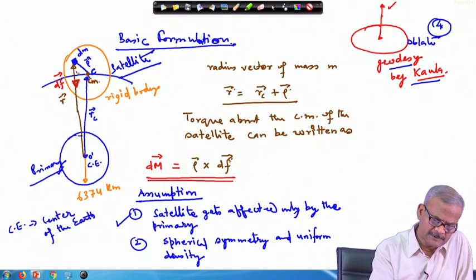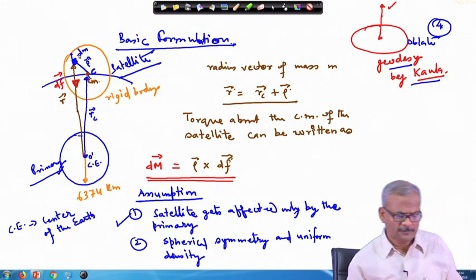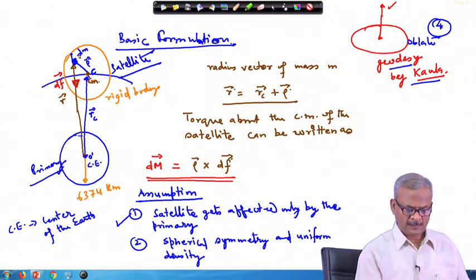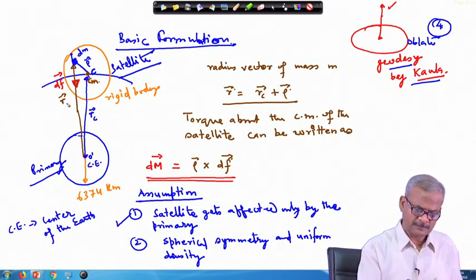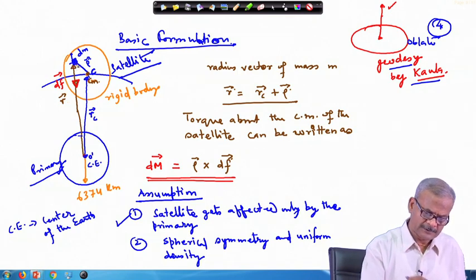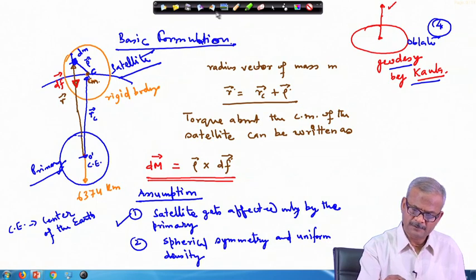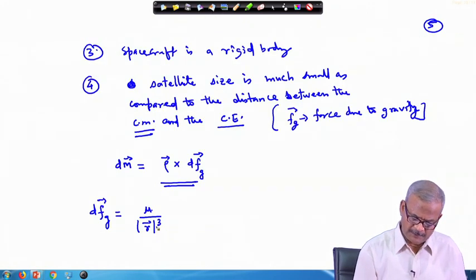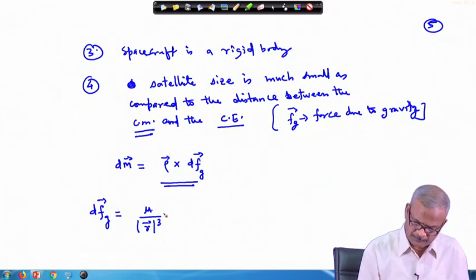going back here in this place. So, this is your r vector along this direction. So, the magnitude of the distance from this point to this point is r magnitude, multiplied by dm and the unit vector in this direction.